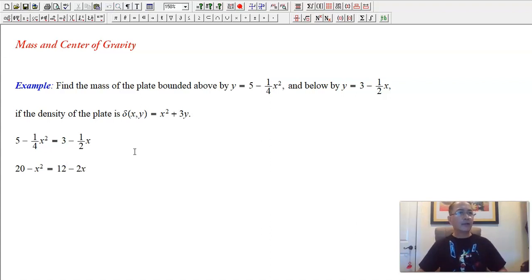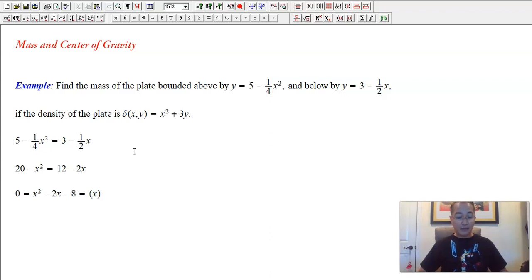Okay, and I think we should put everything on the right because I don't like that negative x squared. You probably don't either. And I think 2x should be next to that, and then 12 minus 20, that is minus 8. Do we know how to factor that? Well, we do have good guesses, don't we? The 4 and the minus 2.